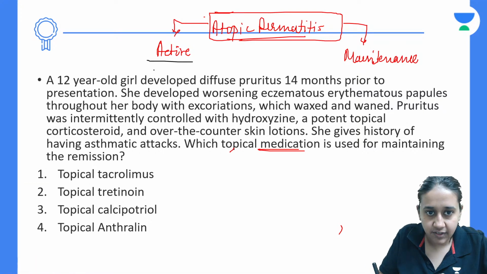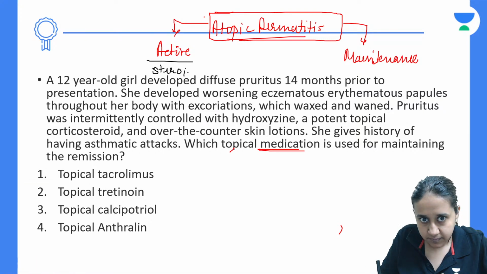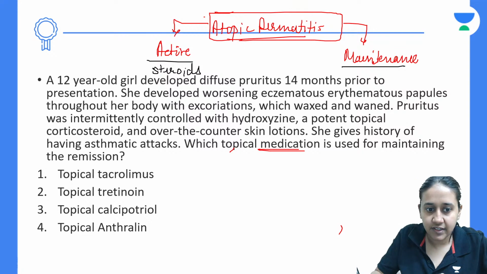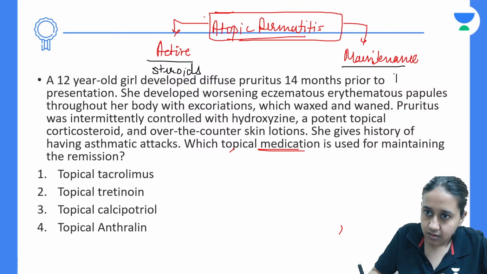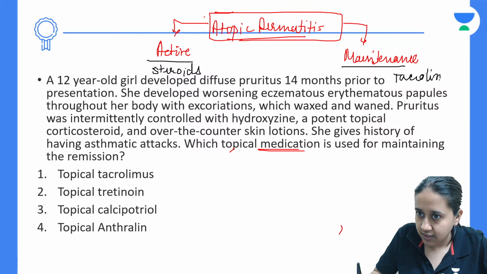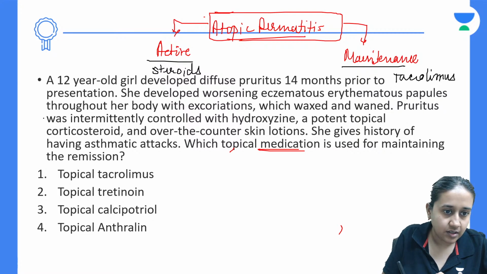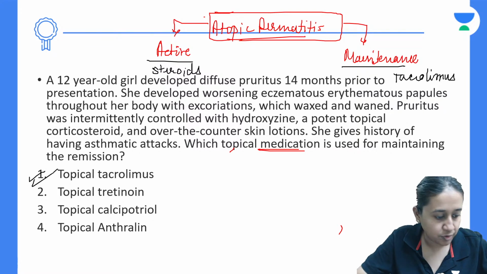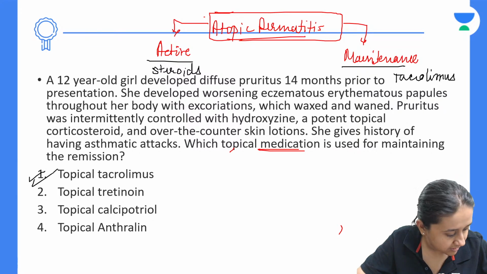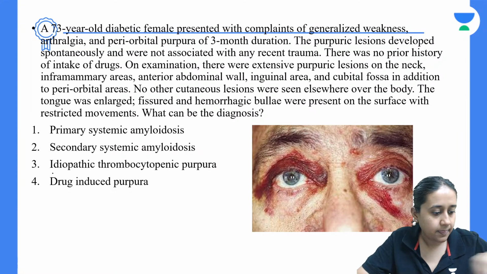For active we give steroids, but for maintenance we give tacrolimus, which is a calcineurin inhibitor. The correct answer of this question is option number 1. Very nice, Ashima, Doraemon, Akash, Ashish.